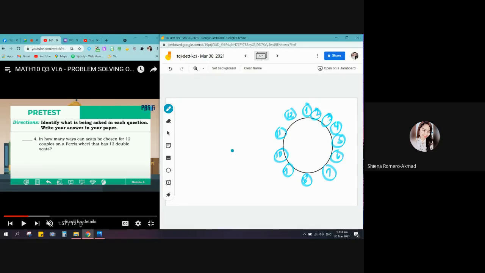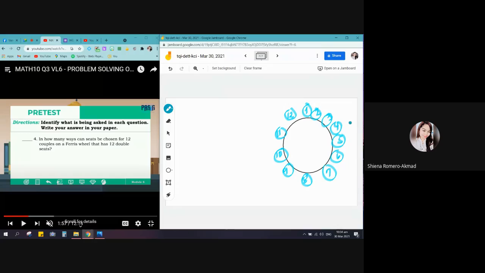since there are 12 couples that will occupy these double seats, para makuha natin yung number of ways we can assign each couple in each cabin or in each double seat.